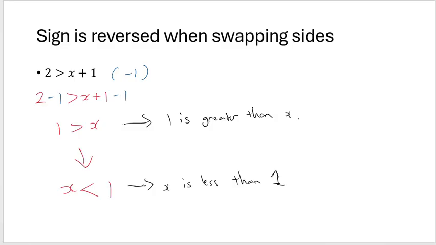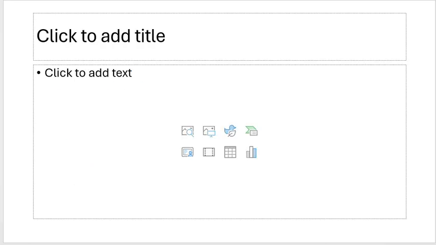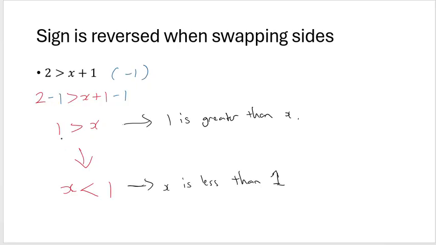So what I've done is I've decided to switch these, and then my sign gets switched at the same time. So the position of my 1 and the x switches completely. But by doing that, I also have to change the sign of the inequality.